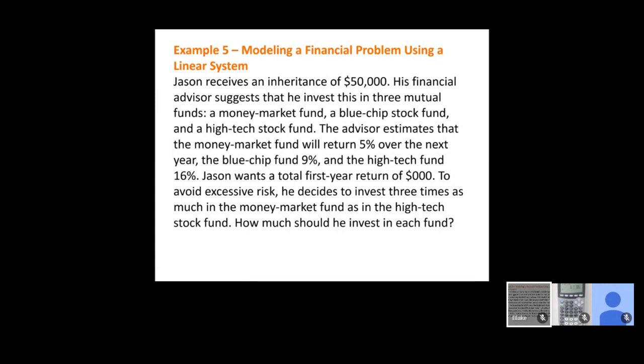It says Jason wants a total first year return of, I left out that dollar amount, so let me make sure I have that correct before we start. All right, so that should be $4,000 here.